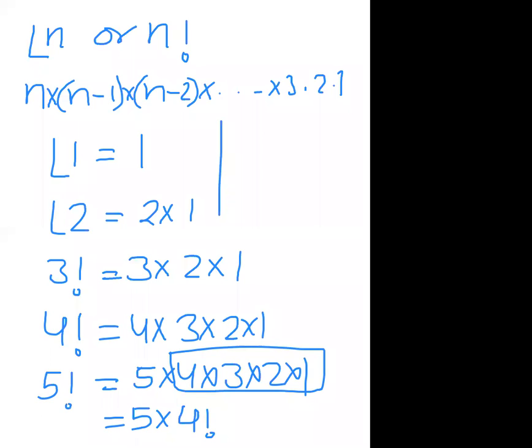With this, one very important thing we must know, 0 factorial. When we see 0 factorial, whether you or me, we think it will be 0, but the value of 0 factorial will be 1.